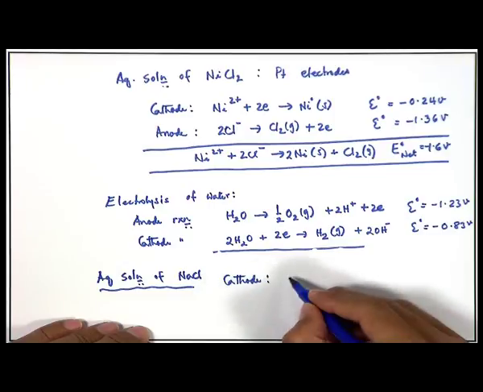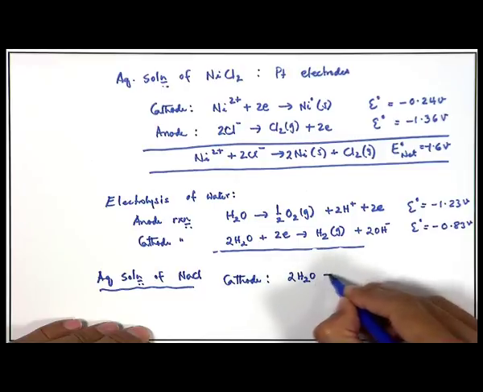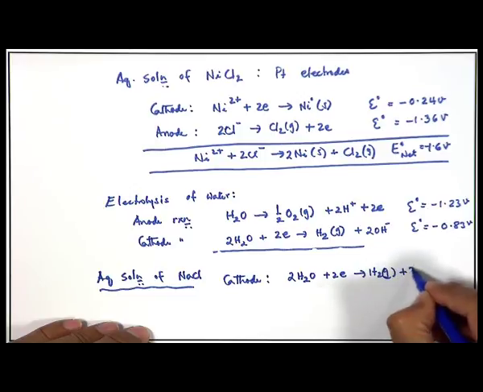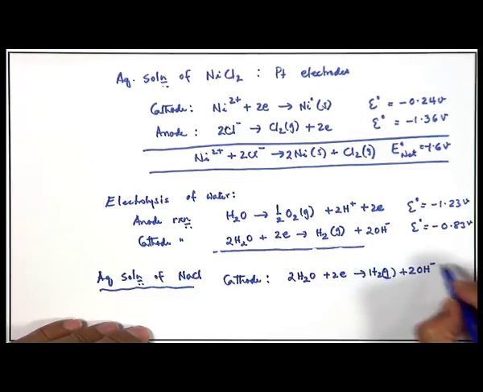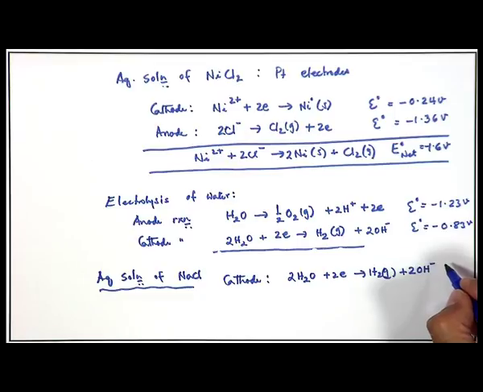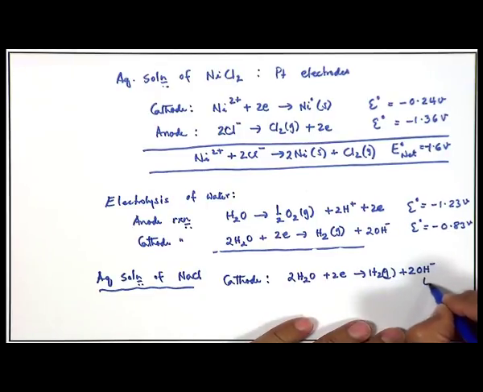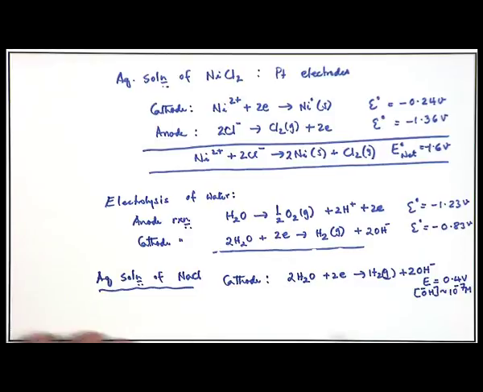The favored cathode reaction will be 2H2O plus twice electron, giving you H2 gas plus 2OH minus, where the potential will be E is equal to minus 0.41 volt when the concentration of OH minus is around 10 to the power minus 7 molar. Otherwise, it would have been like this.